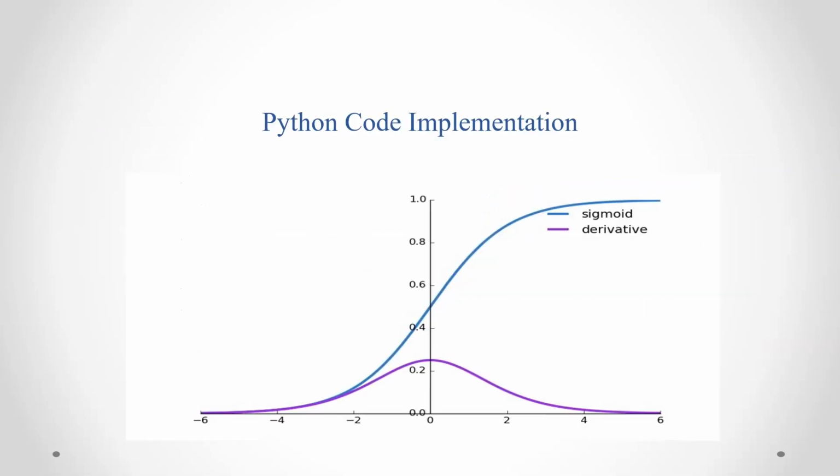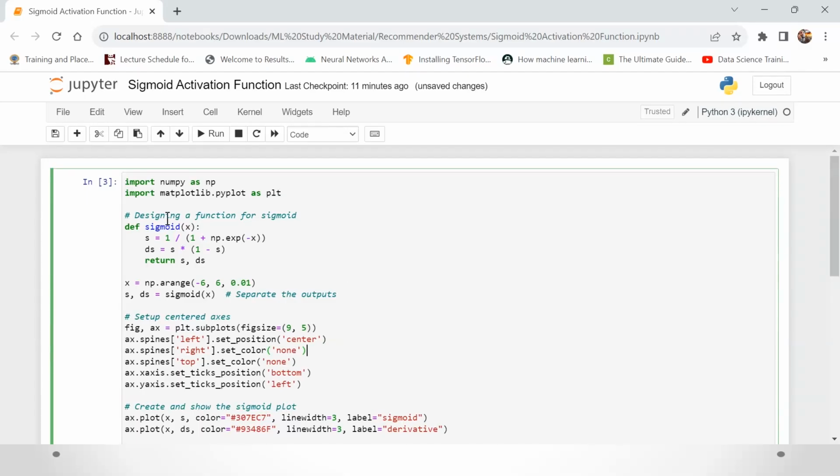Now we will be implementing Python code for the sigmoid derivative function, and let's check how we can do that. So here is the Python code implementation of the sigmoid activation function. We have defined a sigmoid function for our data. We are passing some array x to the function, and then we are defining the function sigmoid.